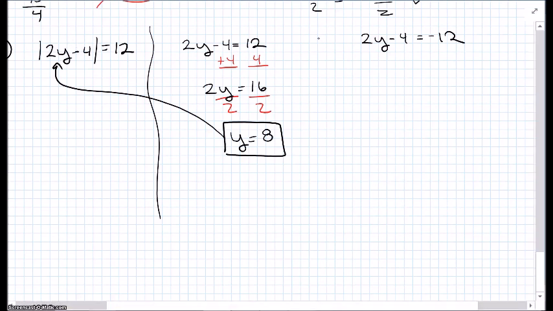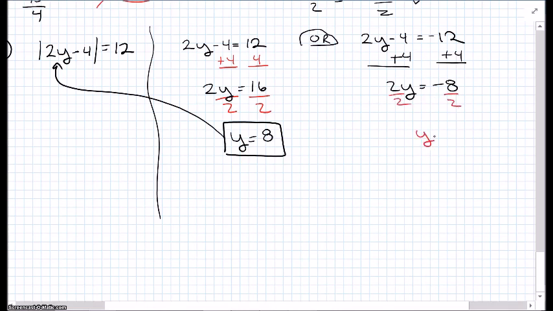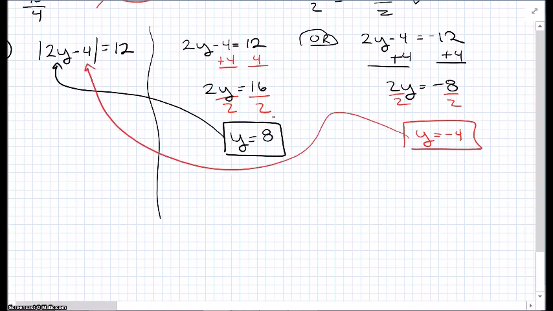All right, let's work the other side. Add 4 to each side. So I get 2y equals negative 8. Divide each side by 2. Y equals negative 4. So I can check that one as well. And it's going to work.